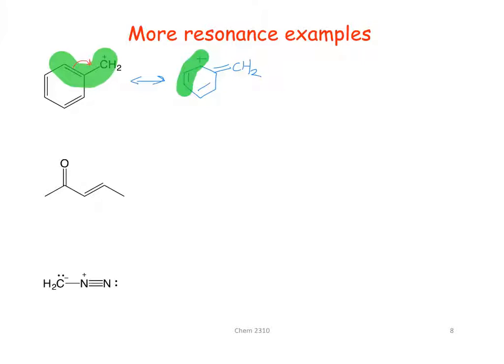We can move this pi bond towards the plus. We get another resonance form, another resonance contributor. It puts the plus over on this position. We can then even do this again. We can bump it over one more time.